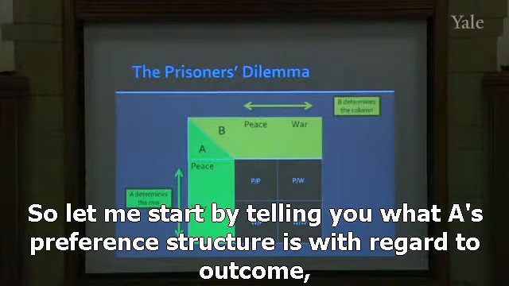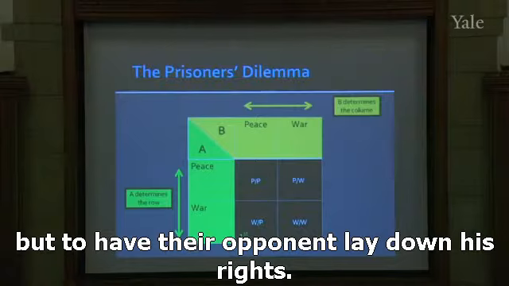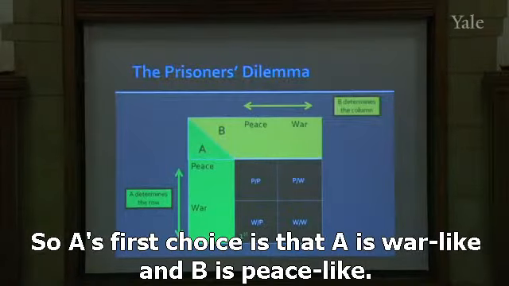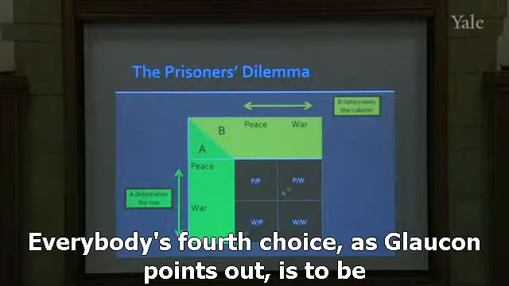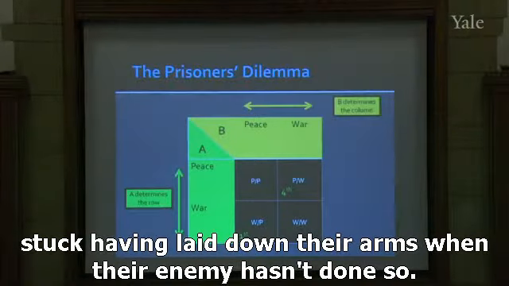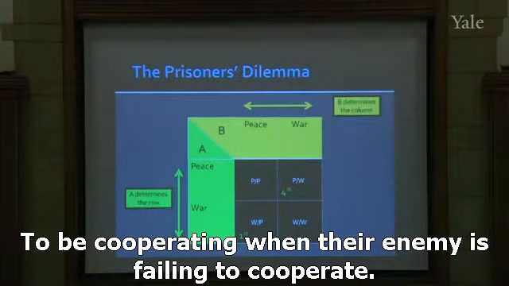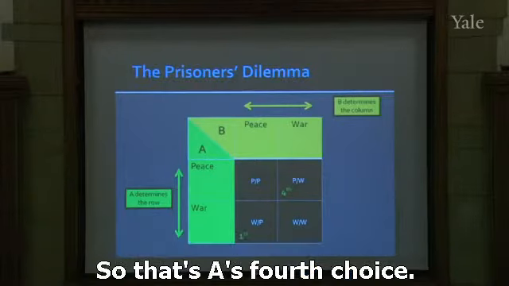So as we know from Glaucon, everybody's first choice is to reserve for themselves all the rights, but to have their opponent lay down his rights. So A's first choice is that A is warlike and B is peace-like. Everybody's fourth choice, as Glaucon points out, is to be stuck having laid down their arms when their enemy hasn't done so, to be cooperating when their enemy is failing to cooperate. So that's A's fourth choice.